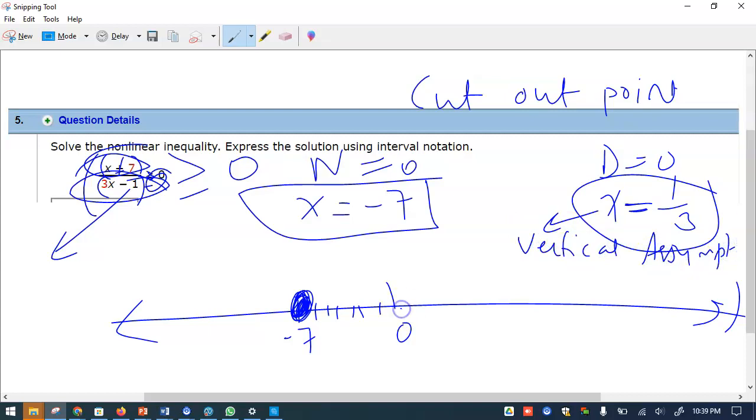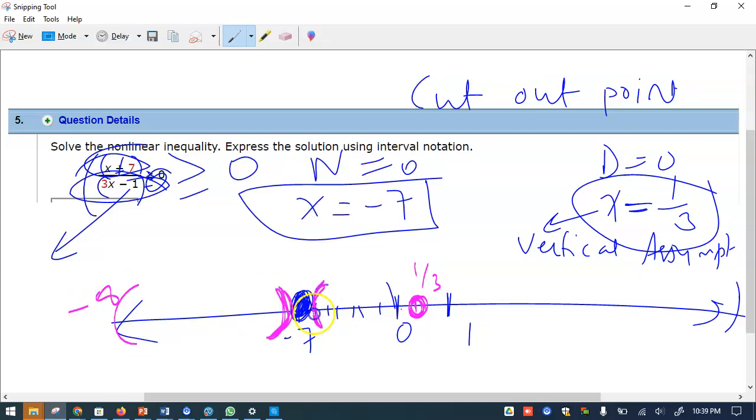Now where is 1/3? Let's say this is 1. It's not perfect, but I'll put 1/3 maybe somewhere here. So this is an open circle. That's 1/3.